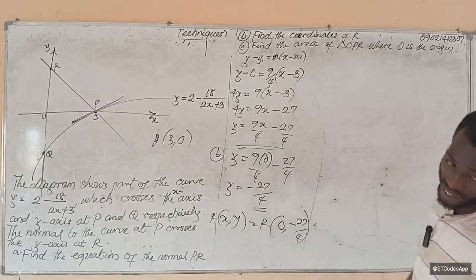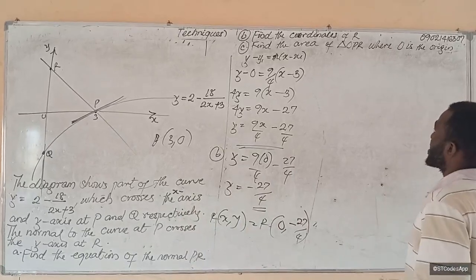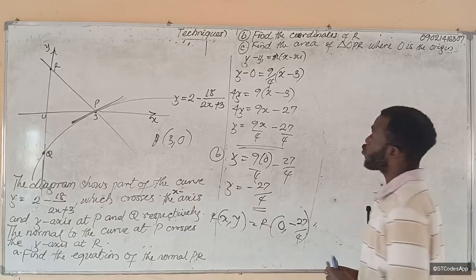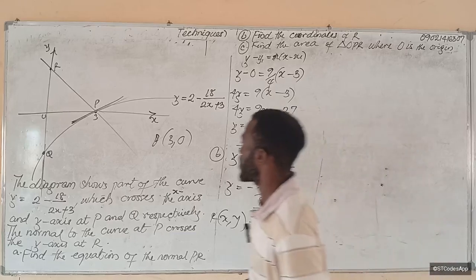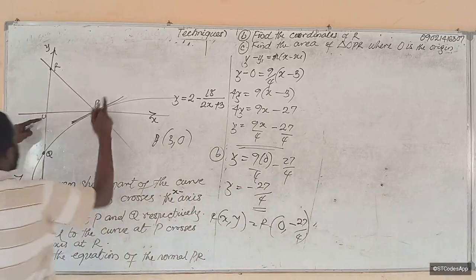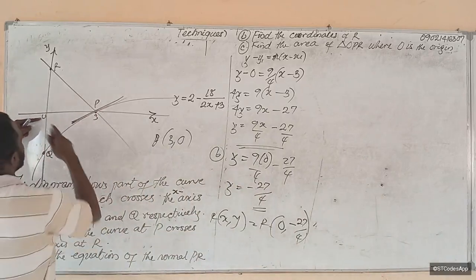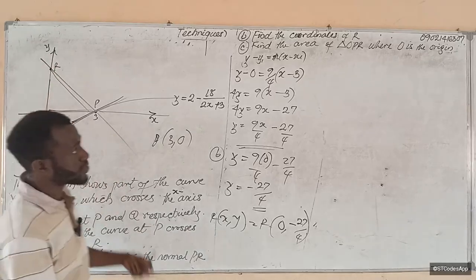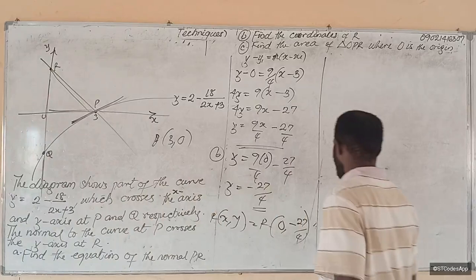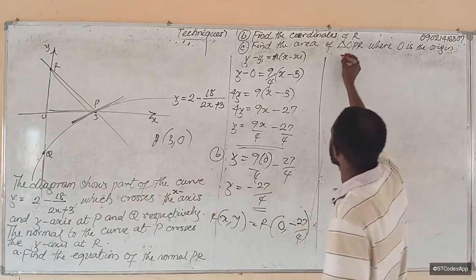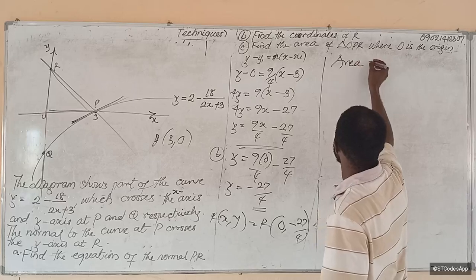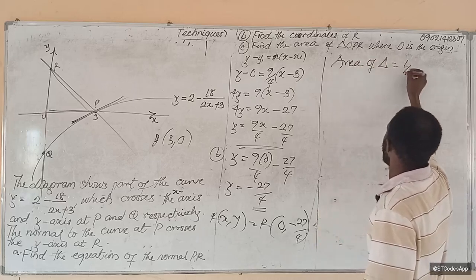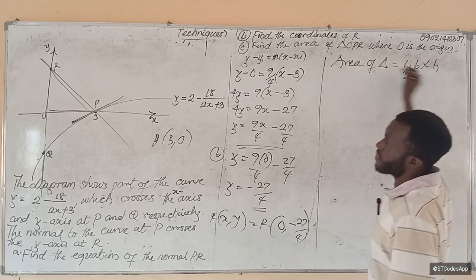Then part C now says, find the area of triangle OPQ, OPR rather, so this triangle. Very simple. The formula for area of triangle is half base times height. What's our base here?